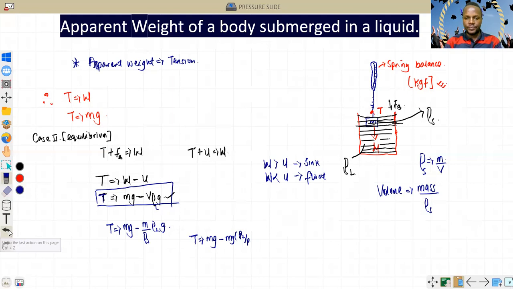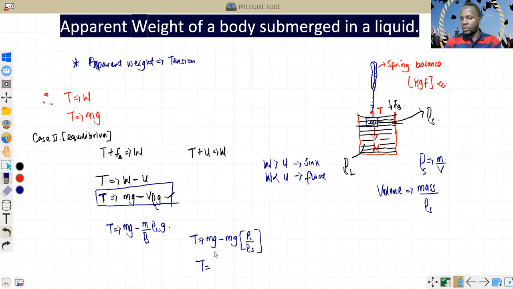From this equation that I have here, m times g here is mg. We open a brief bracket. What is here? Rho L. What is under? Rho S. So you can also factorize.